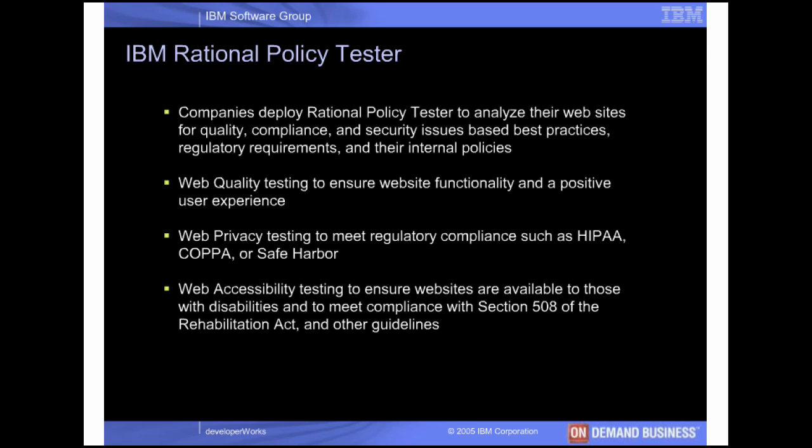The Accessibility module allows your organization to assess your web content against accessibility guidelines and ensure you meet the requirements of the Section 508 of the U.S. Rehabilitation Act, the World Wide Web Consortium's Web Content Accessibility Guidelines, or even some other European standards built into Policy Tester. Now let's take a look at IBM Rational Policy Tester.